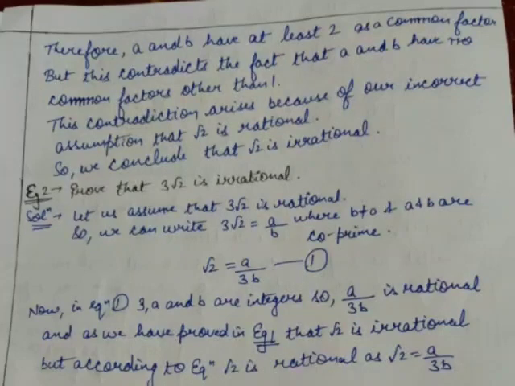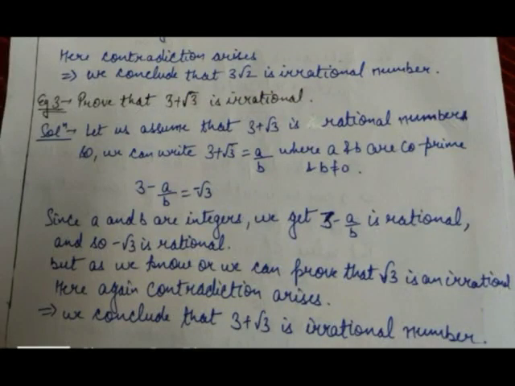Now in equation number 1, 3, a and b are integers. So a upon 3b is rational, and as we have proved in example number 1 that root 2 is irrational. But according to the equation, root 2 is rational, as root 2 is equal to a upon 3b. Here a contradiction arises. We conclude that 3 root 2 is an irrational number.